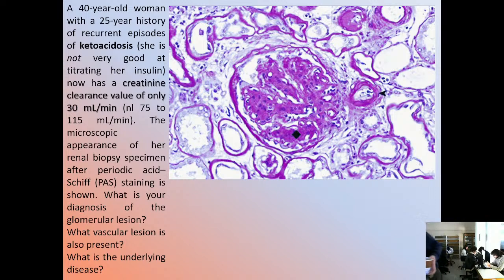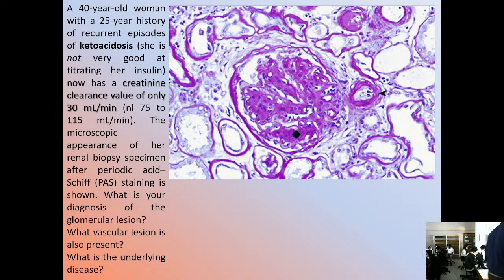Yes. And what else is there? You see, a highlight of diabetes is ketoacidosis. And this is diabetes type 1, that means of young individuals. What do you understand taking into account the creatinine clearance value?